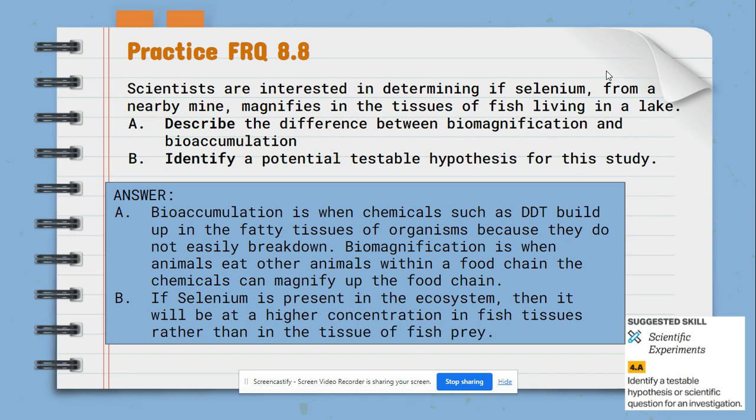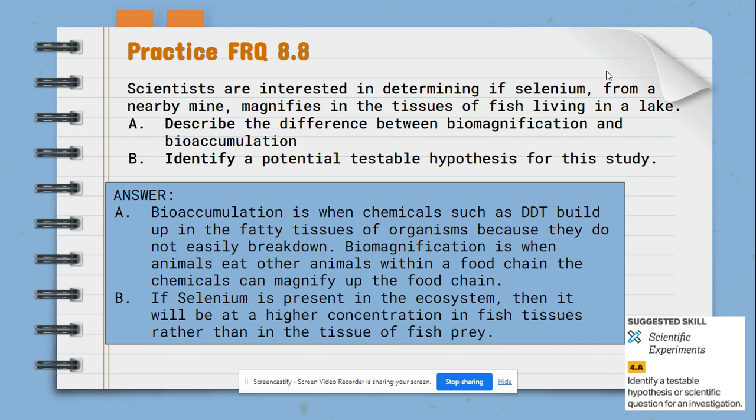Well, remember, bioaccumulation is when chemicals like DDT or selenium in this case can build up in the fatty tissues of organisms because they don't easily break down. But biomagnification states that when animals eat other animals, we see a magnification or a higher concentration of that pollutant found at higher points of the food chain.